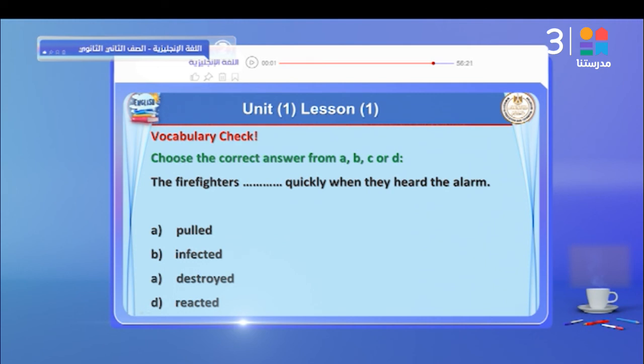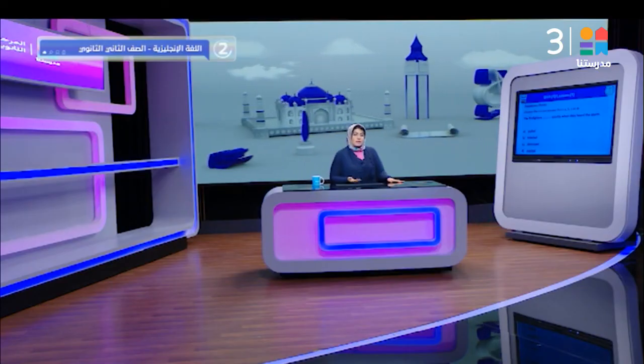What do you think? They surely gave a certain response. They didn't pull, they didn't infect, they didn't pass anything on to anyone or pull anyone. They didn't destroy. They reacted. Reacted, of course, means you give a response or you give a reaction. So firefighters reacted quickly when they heard the alarm.